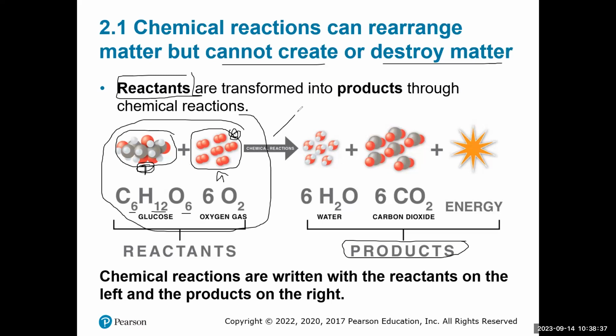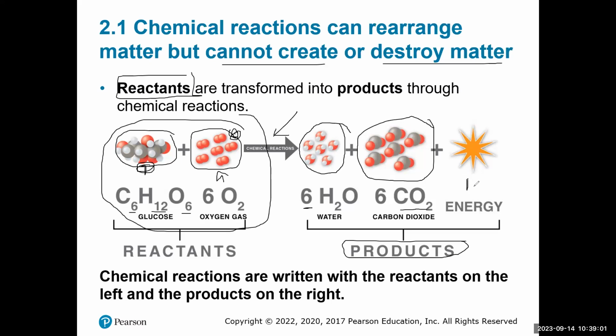Then there's a series of chemical reactions. This doesn't just happen in one step. There are a whole bunch of steps that have to occur. That is going to give us products, and the products are water, 6 molecules of water, 6 molecules of carbon dioxide, which we exhale, and then we get energy.